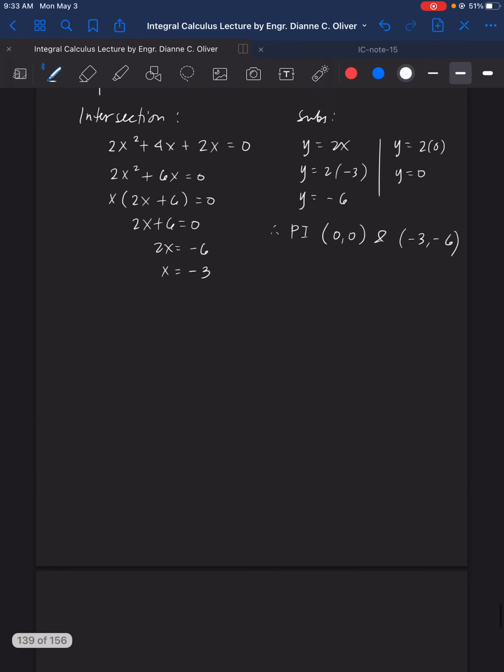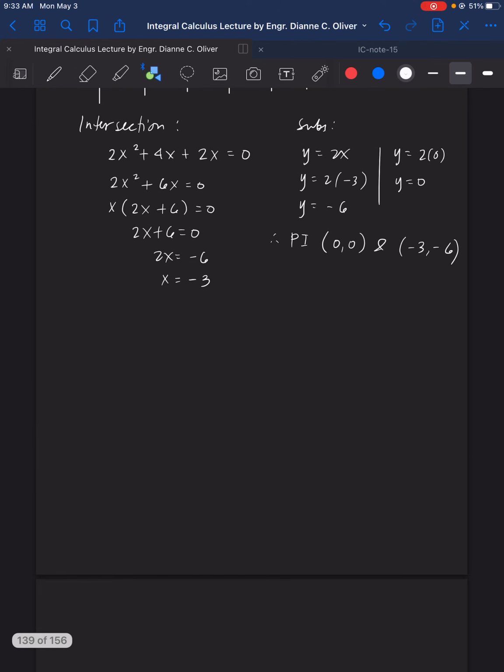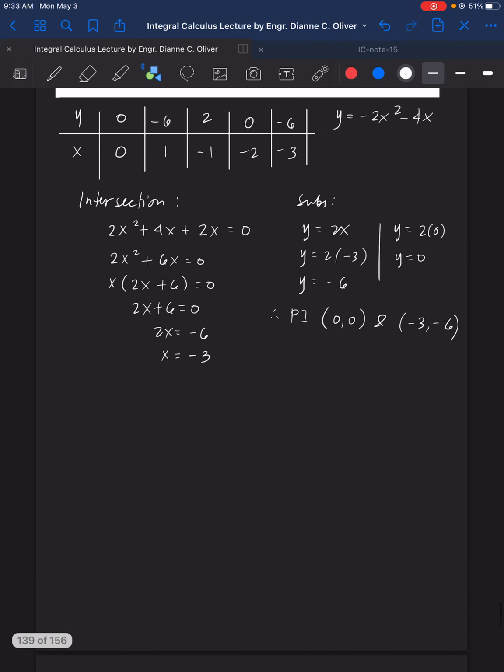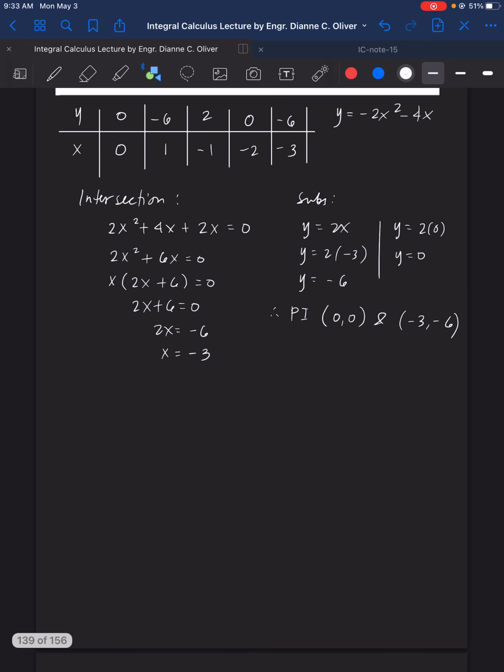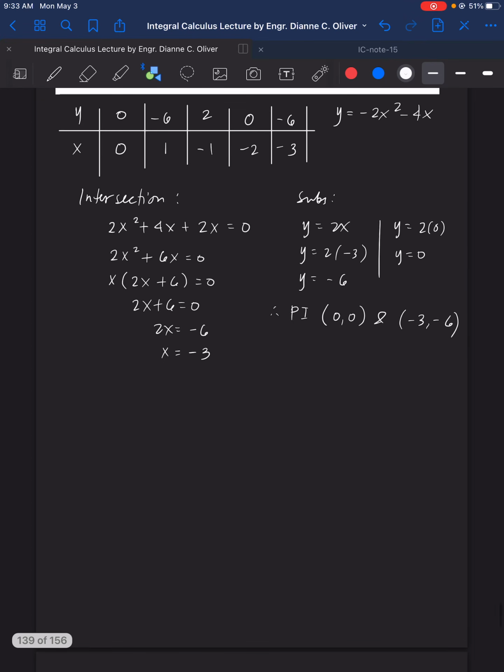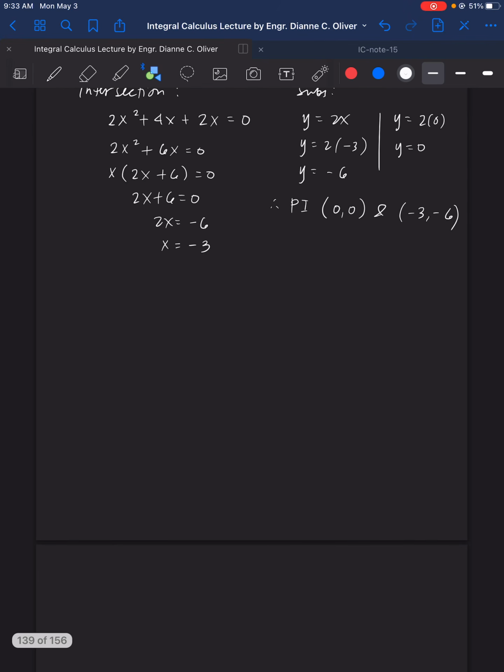So we can now sketch the curve. Looking at the points here, they're mostly in the second and third quadrant.